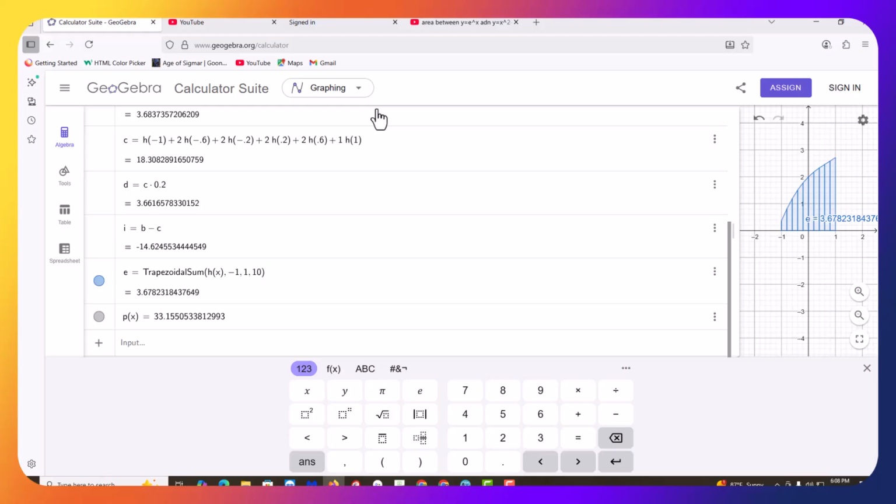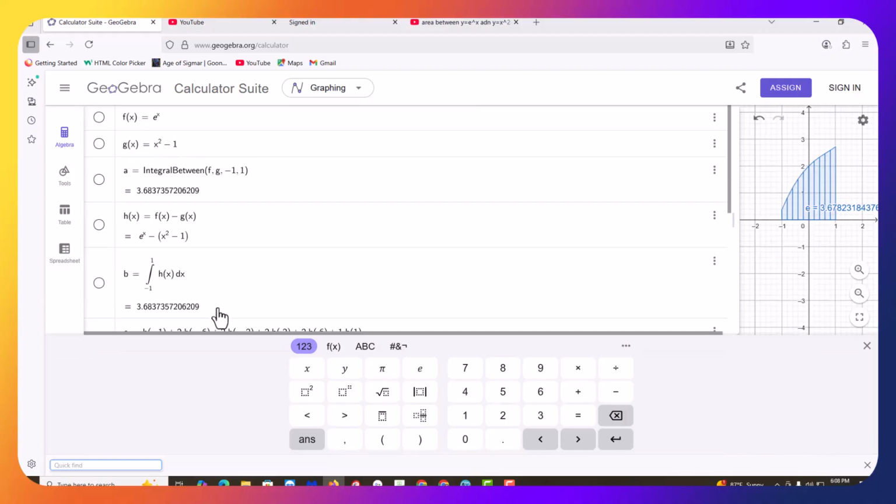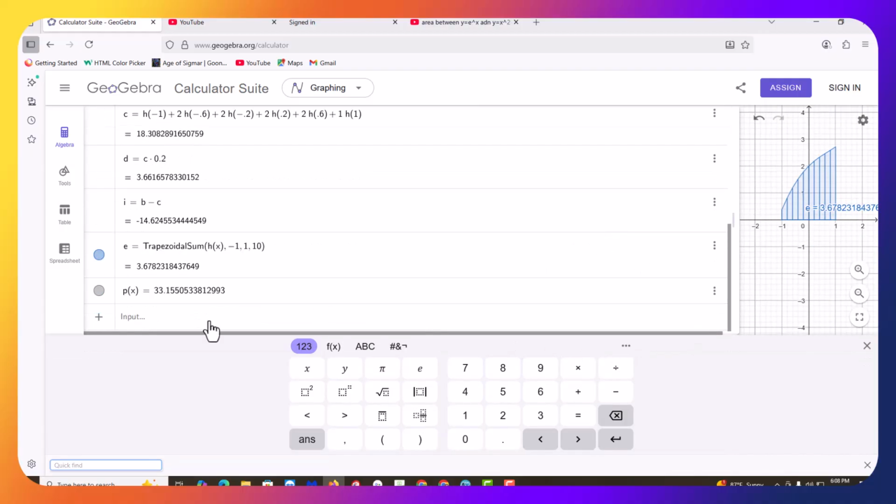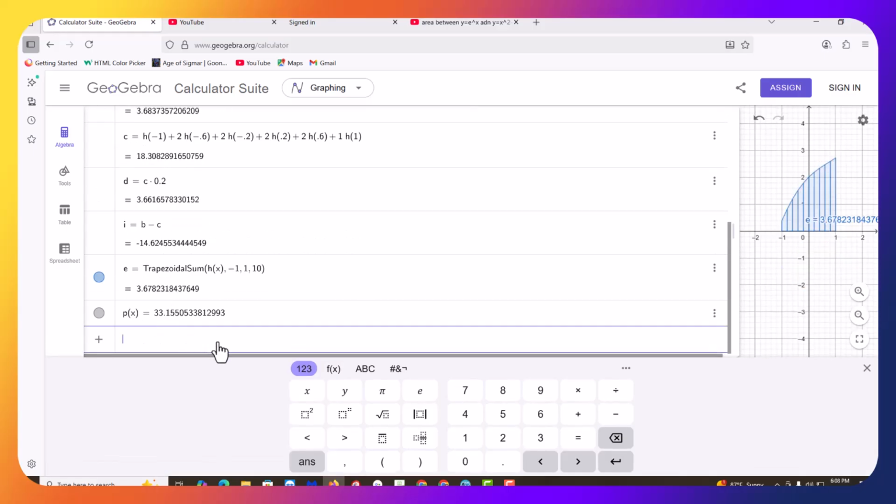Now remember, our delta x is a third, so a third divided by 3. So we're going to do some arithmetic. A third of a third is a ninth. So let's see, we're going to divide that by 9.